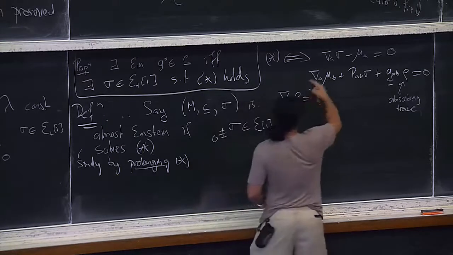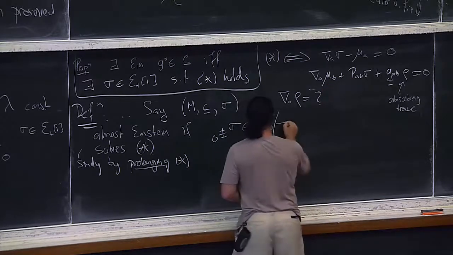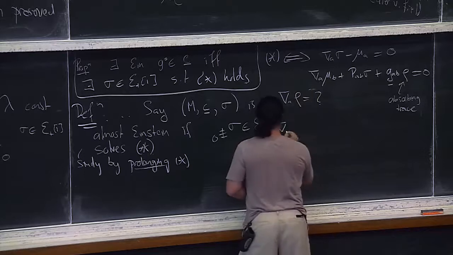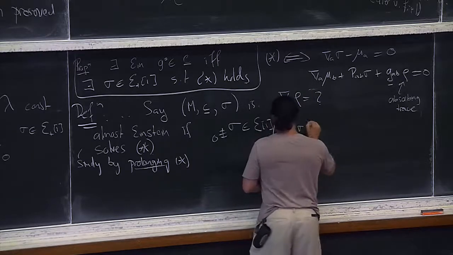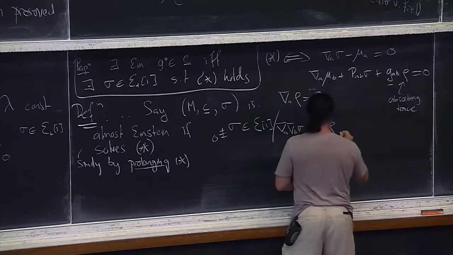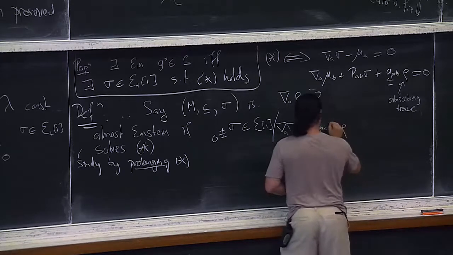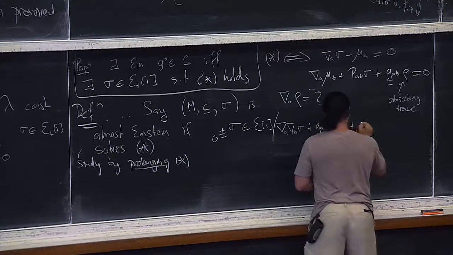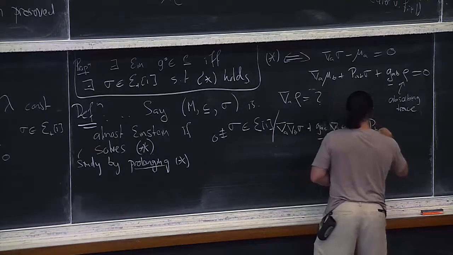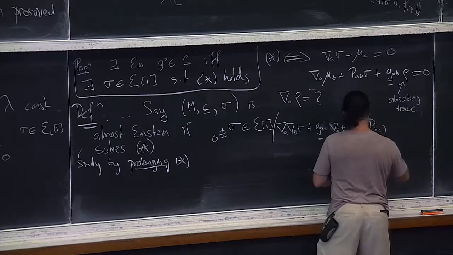So what I do is I differentiate this again. In fact, I want to put the grad sigma back in. So I differentiate that again, and I get grad A, grad B, sigma, plus the Cotton-type term, grad A rho.